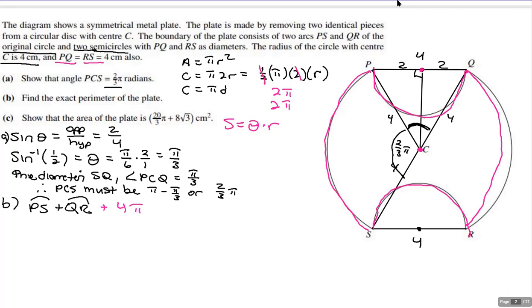So what's our angle? 2/3 pi, which they made sure we knew about. What's our radius? 2, right? Now again, remember, we're looking at this circle now. Do you see that this is the radius? Wait, so there's 2.